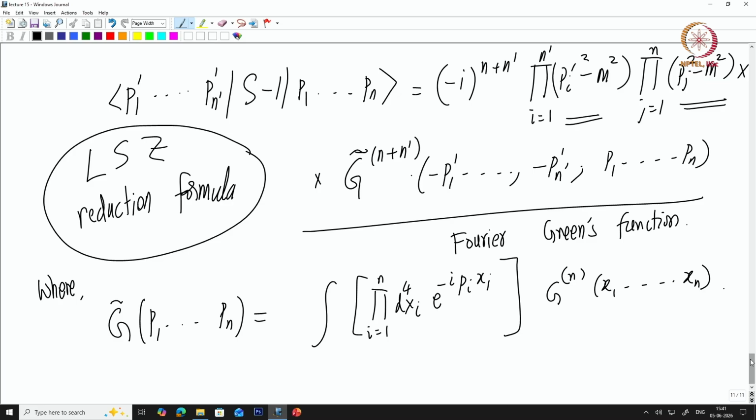This famous formula is the LSZ reduction formula.